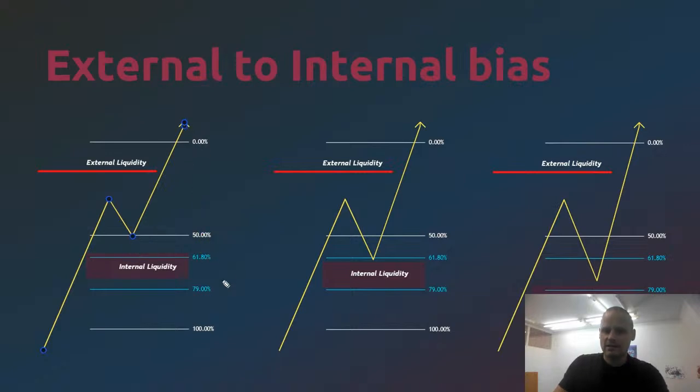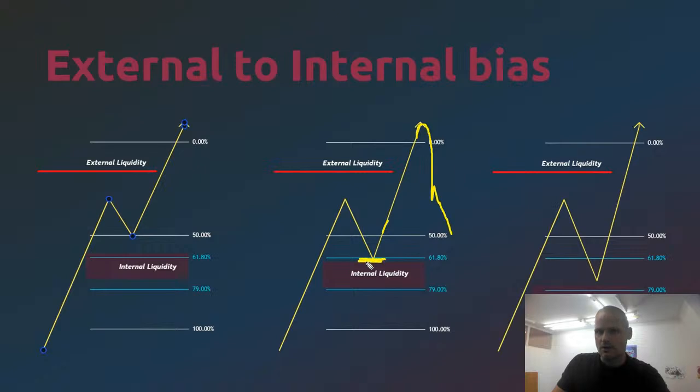Now we can have a structure where the swing has a bigger pullback in here. So the price reaches external, it starts dropping, and here could be maybe some small low, but no, sorry, don't let me confuse you.